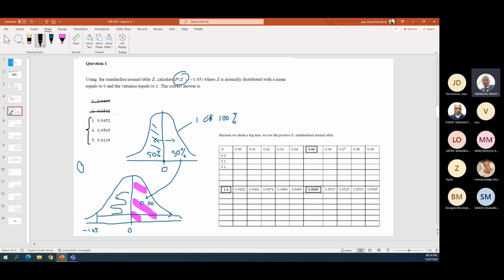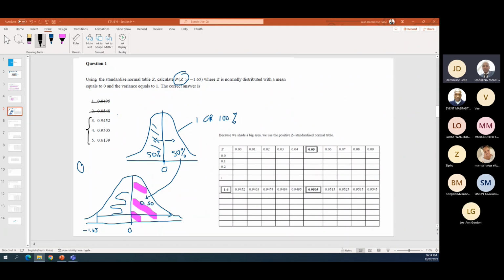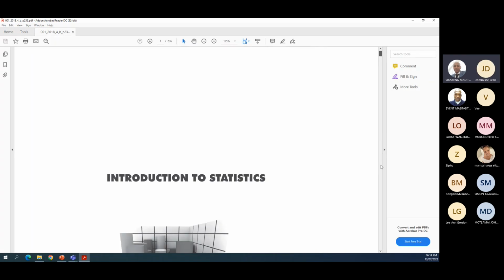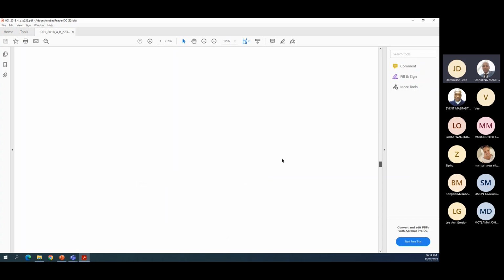So in your table, let me just open my study guide as well, because I want to quickly show it in the study guide, and then I'll go back to the notes that I have. It's around page, let's quickly see.